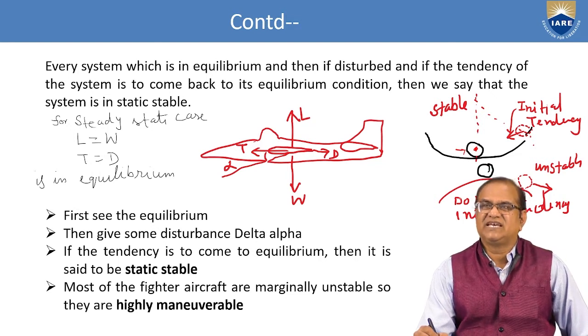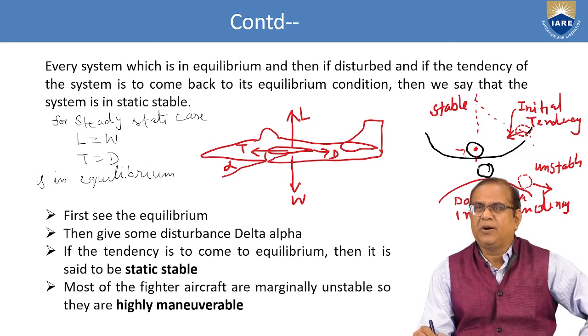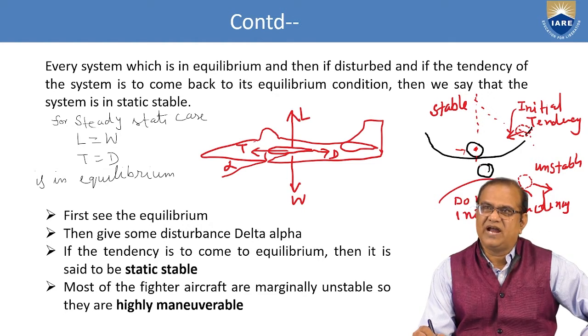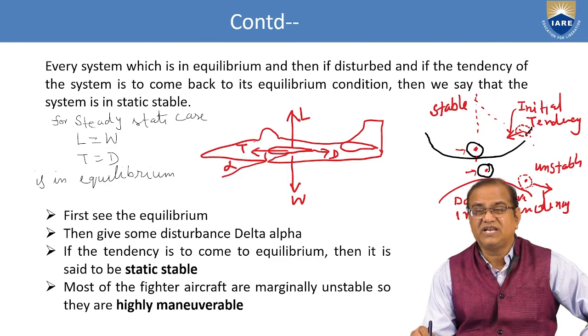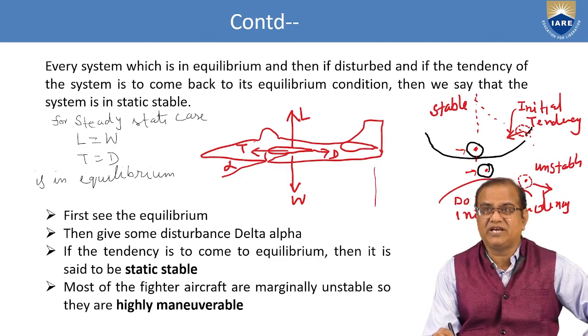If you see the next case, if I put this ball at the apex of this curvature and apply some force here to reach here, and you remove this force, you see the tendency is to go away and away and away. So if I draw the plot for this, in case 1, I have disturbed from here to here, and if I leave this force, it will try to come back to this position like this.